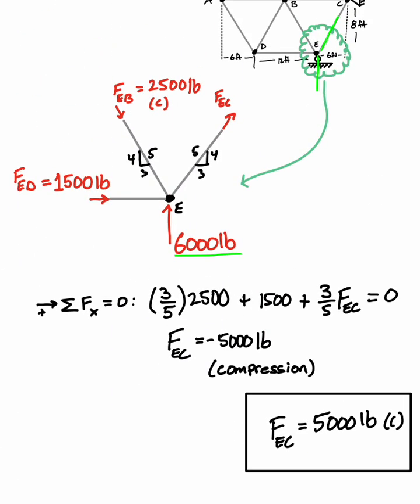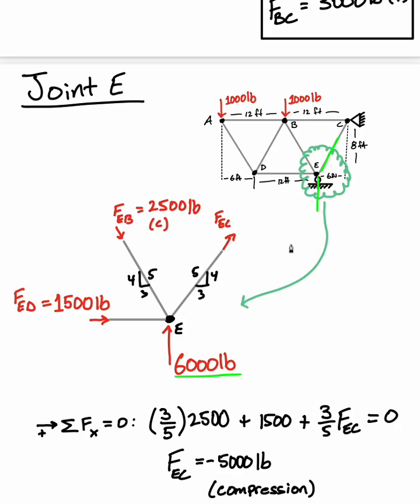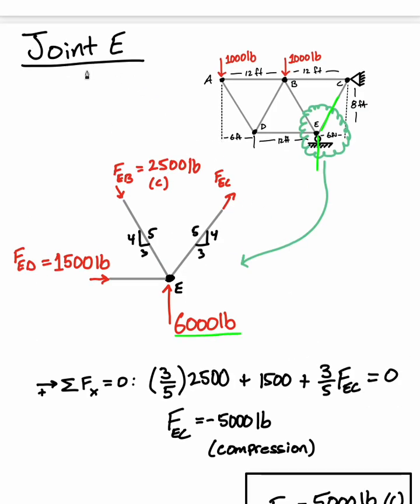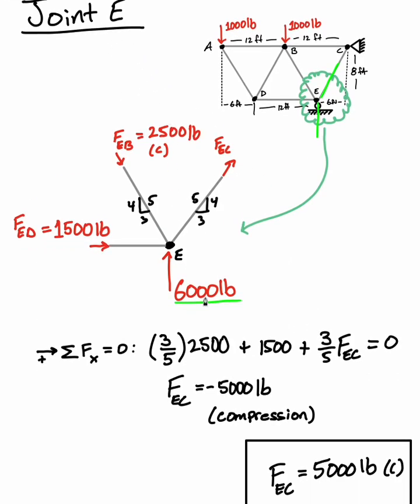So let's go back to joint E. Here we are at joint E, and we are going to solve this using the vertical component here. The horizontal component, we use the x direction.